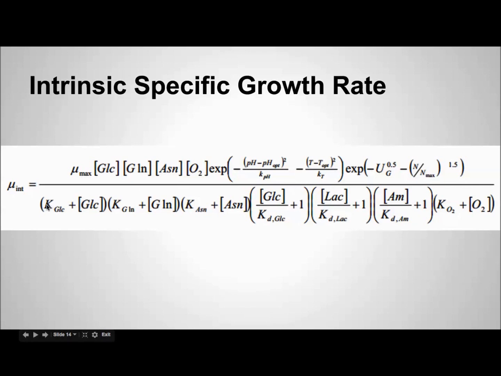And then of course we have our inhibition constant for glucose, our concentration of glucose again, inhibition constant of glutamine, concentration of glutamine, inhibition constant of asparagine, again asparagine, and those repeated here. KD is actually the saturation coefficient for each one of these. Then we have K of O2, which is again the inhibition coefficient of O2 plus the concentration of O2.